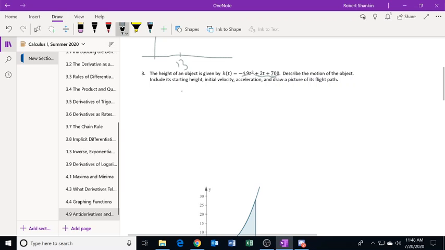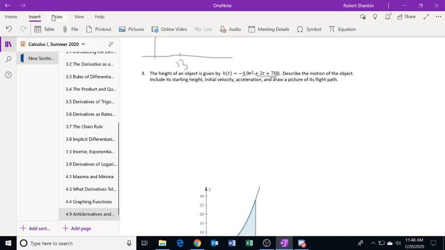And if we take the derivatives now, h prime of t, when you take the derivative, that becomes the velocity. And that gives you negative 9.8 t plus 2.